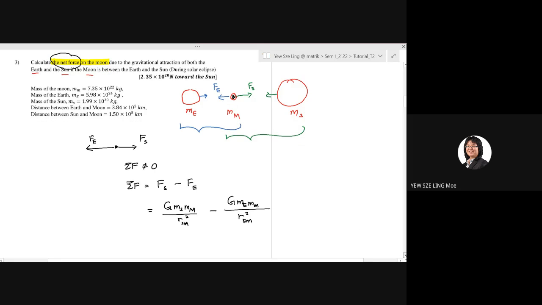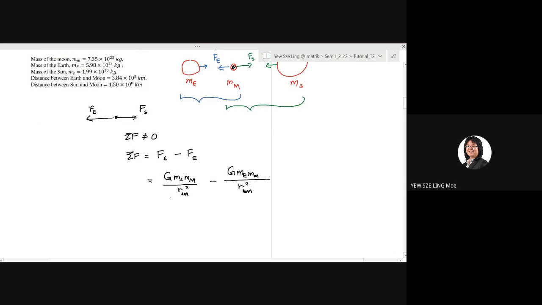Now when you reach this step, don't go and cancel anything. You cannot simply cancel G, you cannot simply cancel mass right now. Why? Because they are unequal. So now you have the summation of F equal to this whole thing, and you cannot simply cancel out any items.